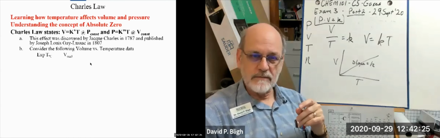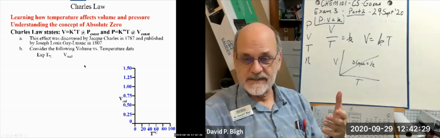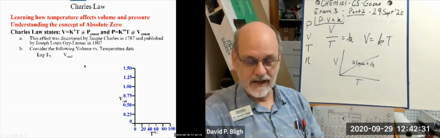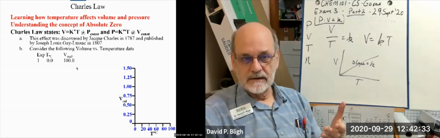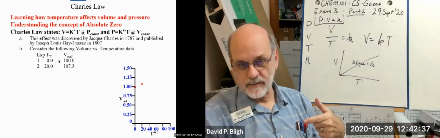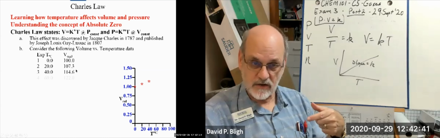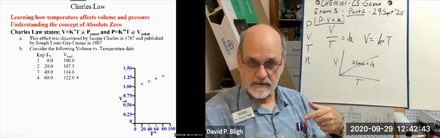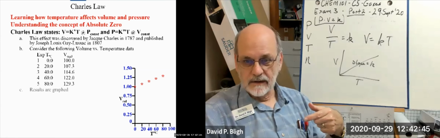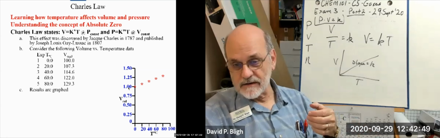Okay, so if we form a table of the data as Charles developed it, we find that for each experiment, we have a different temperature, which gives us a different volume. And you see the volume is gradually increasing as the temperature increases. Now notice, the first thing that pops out for me is that the y-intercept here is 1.